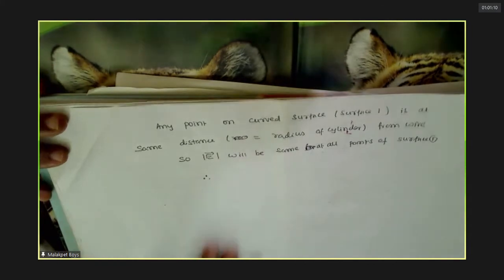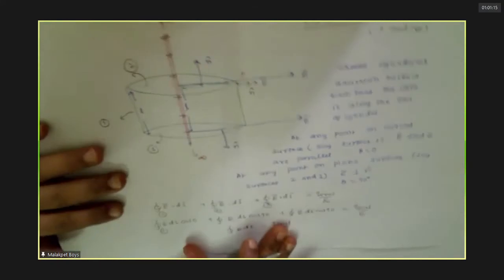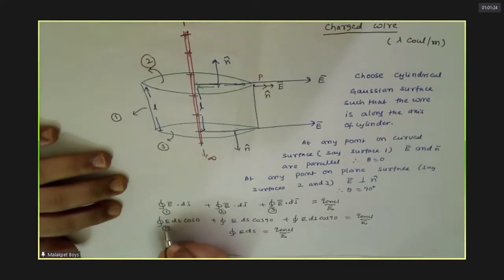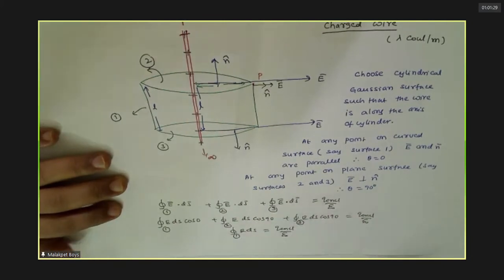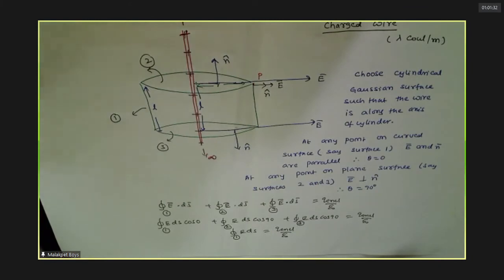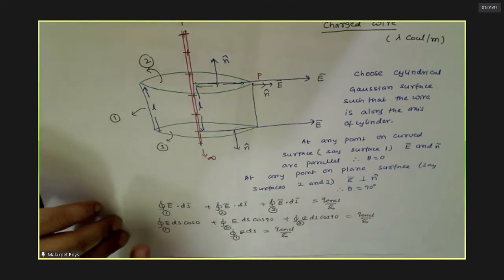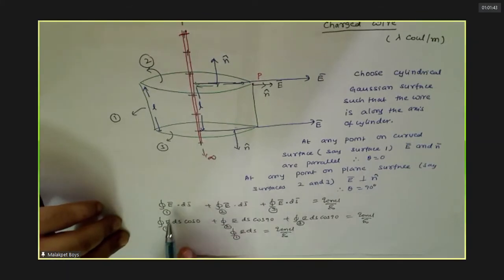Therefore, previously what you got here, you got this now? Yes, sir. Complete this. You noted down this one. Noted down. Surface 1, surface 2. This means this integral applied to surface 1. This means integral applied to surface 2.